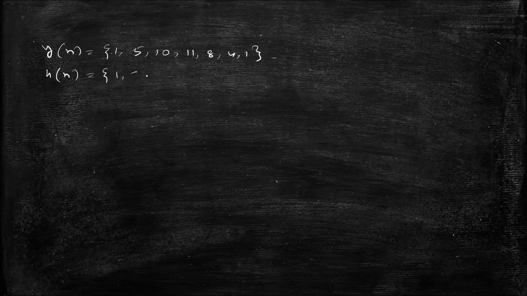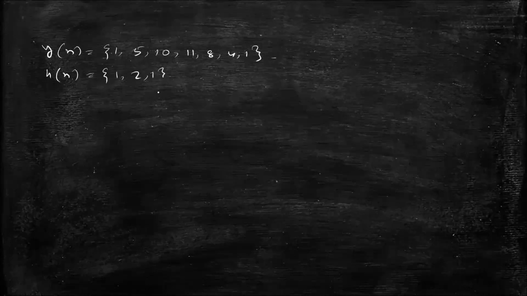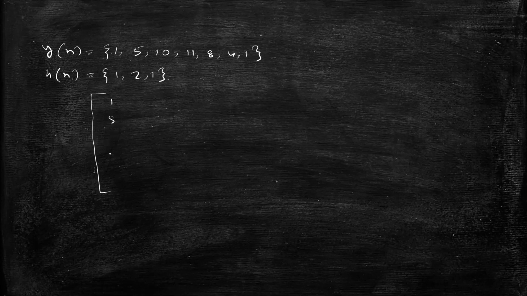Y of n equal to 1, 5, 10, 11, 8, 4, 1. H of n is 1, 2, 1. Now what will the Y matrix be? 1, 5, 10, 11, 8, 4, 1.